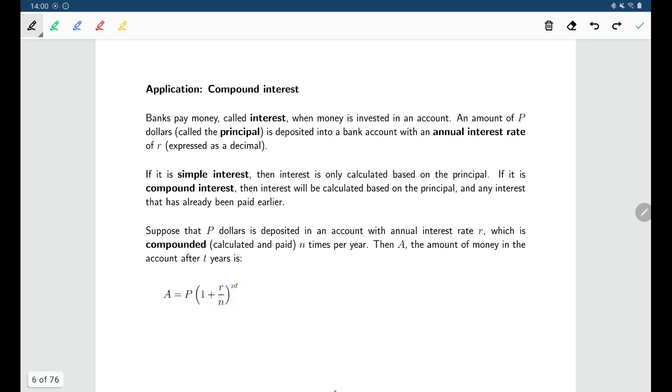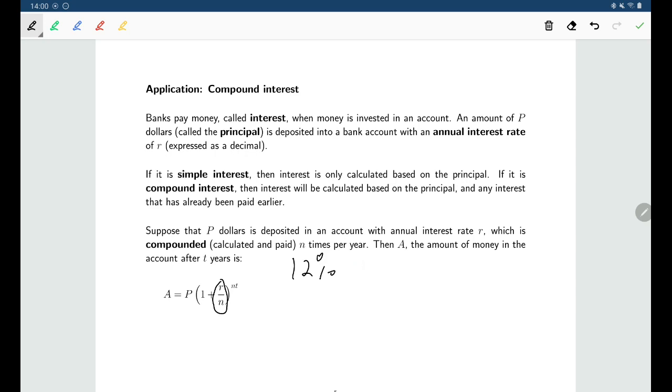One thing I do want to clarify, because you might be wondering in this formula, why are we taking the interest rate and dividing it by how many times per year you get the interest? The reason is this. When the bank tells you how much interest they're giving you, the stated rate is how much you're getting per year. So they might say, we will pay you 12% interest annually.